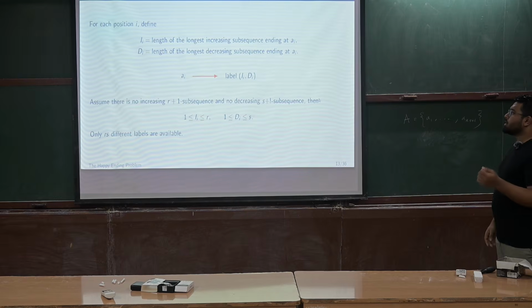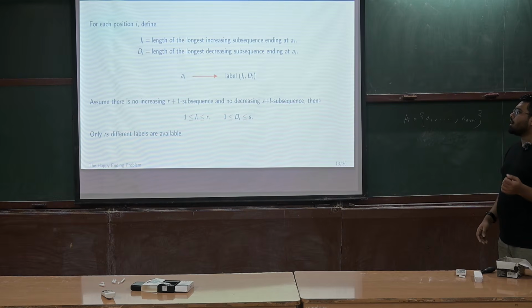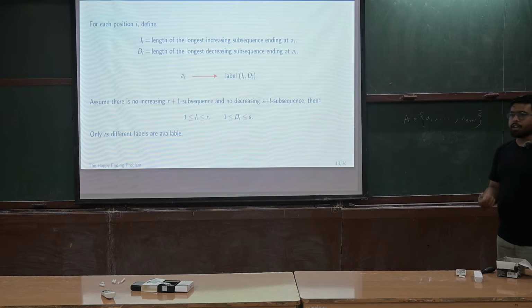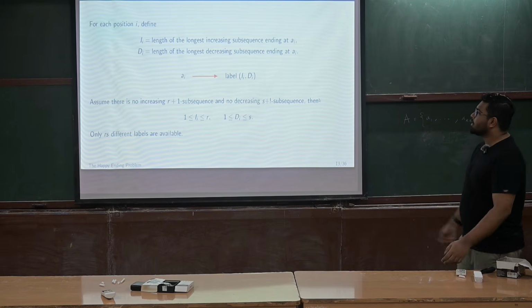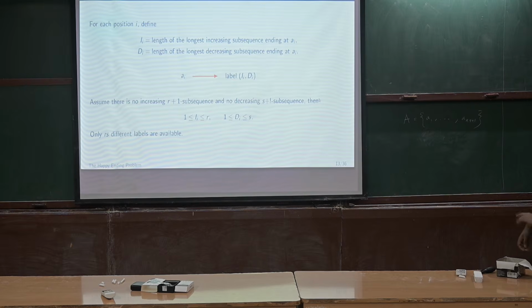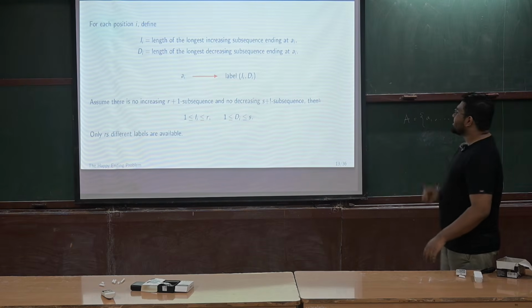Now what you do is assign a label. Consider the label as a function that assigns to a sub i these two values, capital I sub i and capital D sub i. Now assume that there is no increasing subsequence of length r plus 1 and no decreasing subsequence of length s plus 1.